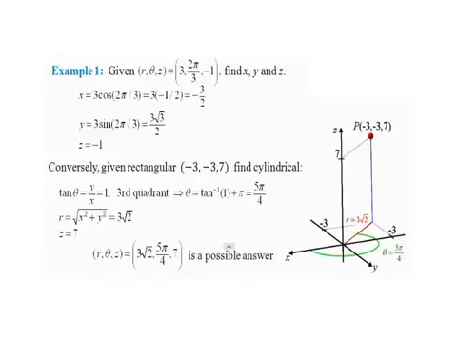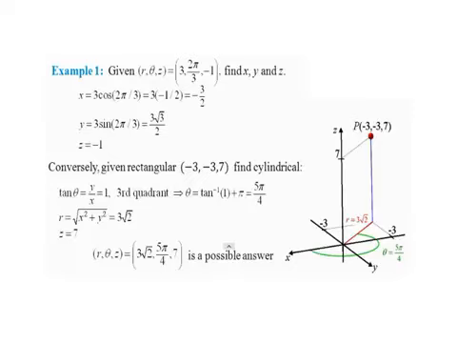We have another example in which r, theta, z are given by 3, 2 pi by 3, minus 1. We have to find x, y, z, the point in the rectangular coordinate system. X equals 3 cos 2 pi by 3, that gives 3 times minus 1 by 2, which gives minus 3 by 2.